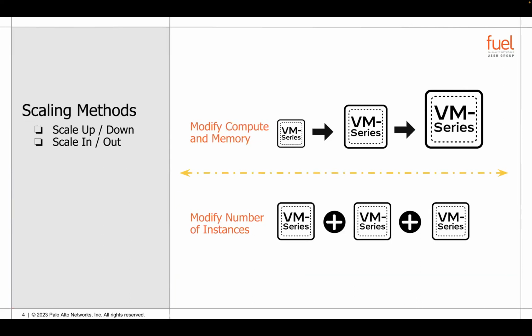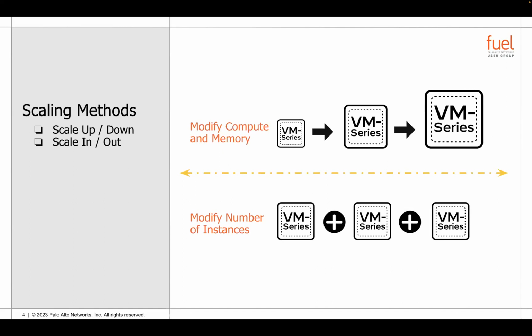So that's what we mean by scale. There are really two main ways that we can scale when we're talking about virtual firewalls, or VM-Series firewalls or CN-Series firewalls. The two methods are to scale up or scale down, or to scale in and scale out. What we mean by scaling up is applying more compute and more memory to a single instance.